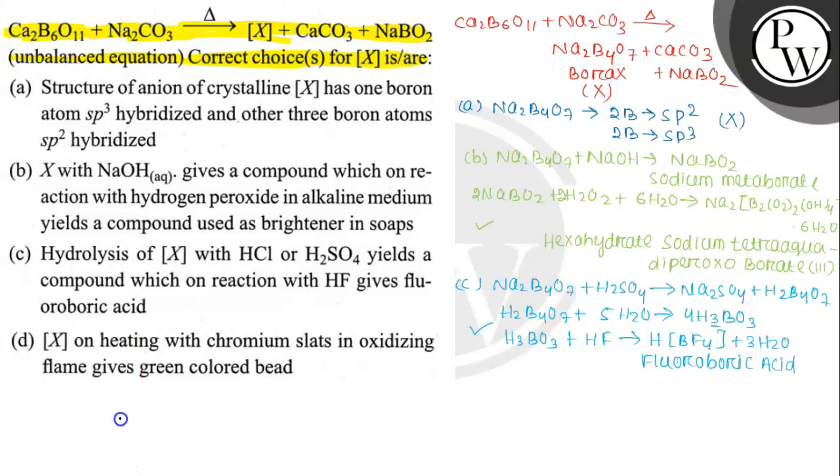Then option D. Option D says that on heating with chromium salt in an oxidizing flame, X gives a green colored bead. That means when borax, Na2B4O7, is heated, it gives B2O3, and when B2O3 reacts with the chromium salt, Cr2O3, it forms chromium metaborate, 2Cr(BO2)3.